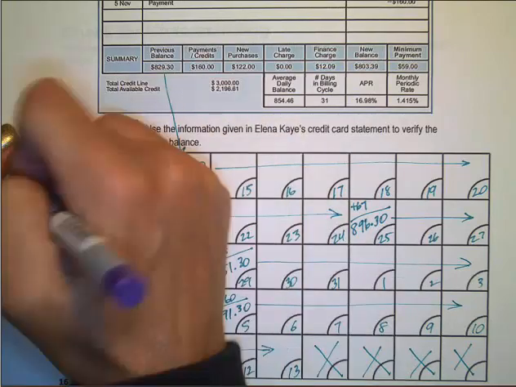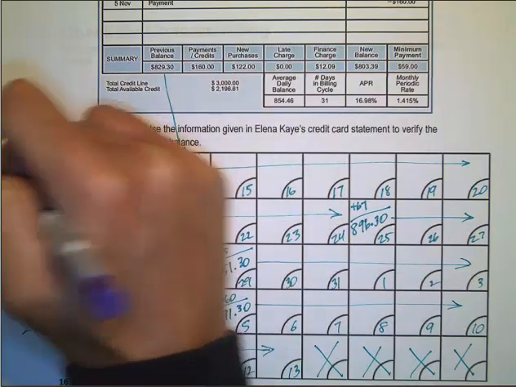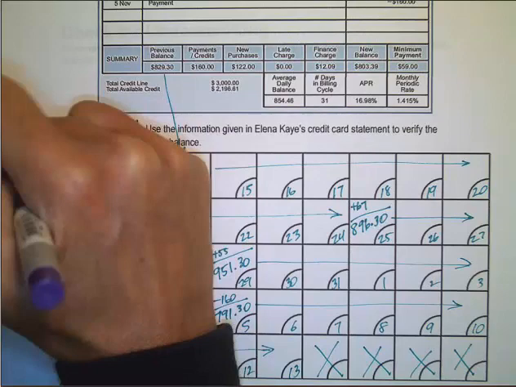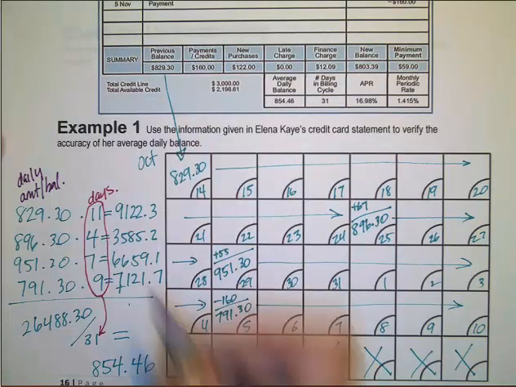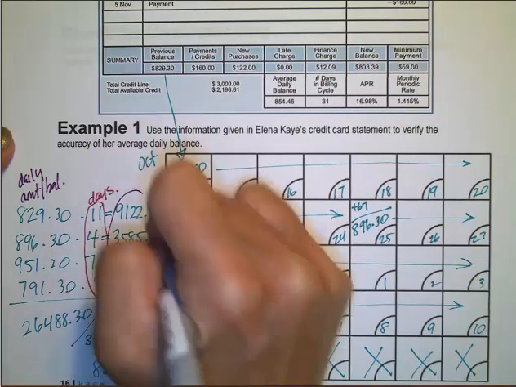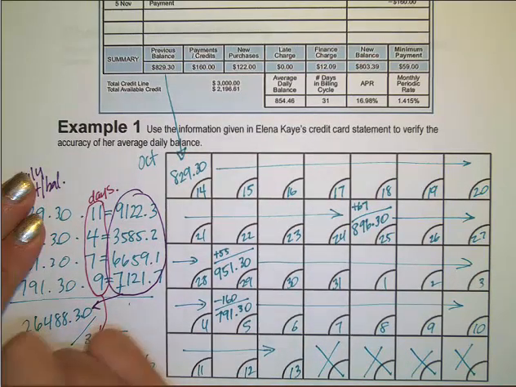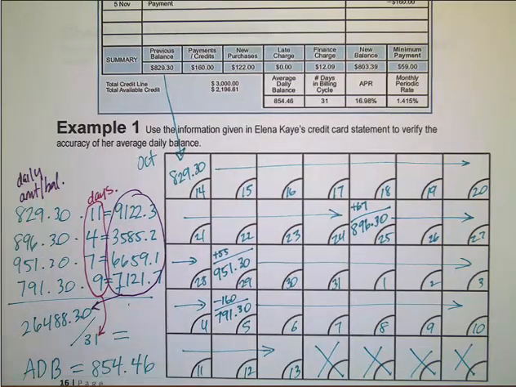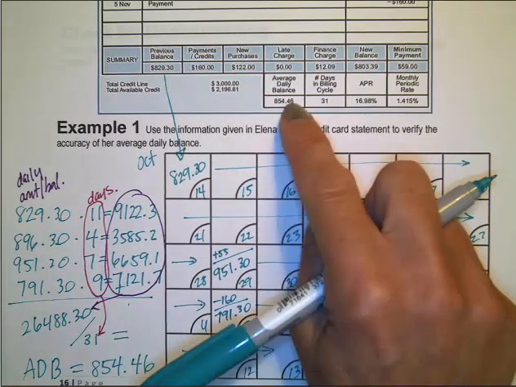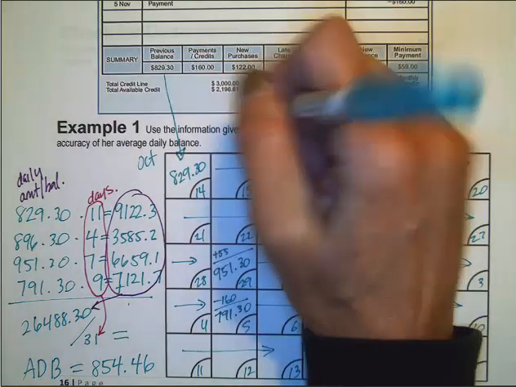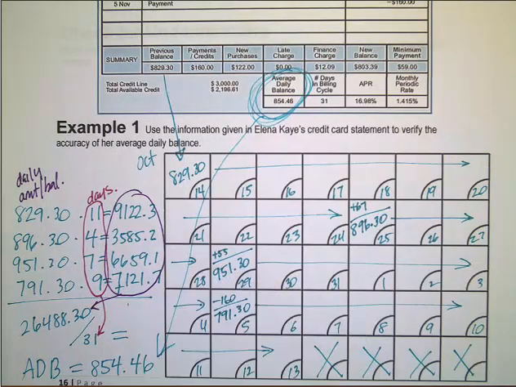This was amount or your balance, your daily amount or balance. I got all of these added up, and that's how I got this. Divided, so my average daily balance is $854.46, which was true. It matches.